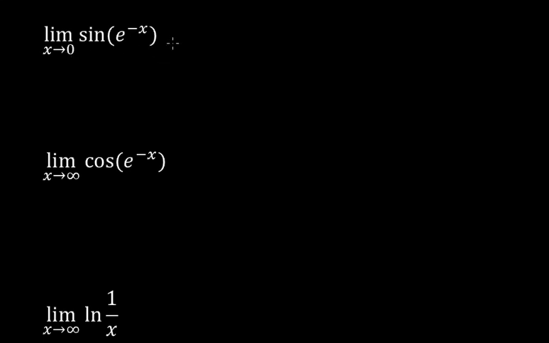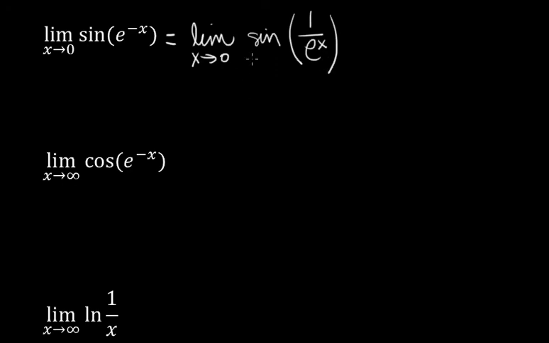So here's some more examples. I don't want any exponents written that way, so I'm going to rewrite this as the limit as x approaches 0 of the sine of 1 over e to the x. Now I start looking on the inside. This is function composition. The outside function is sine.